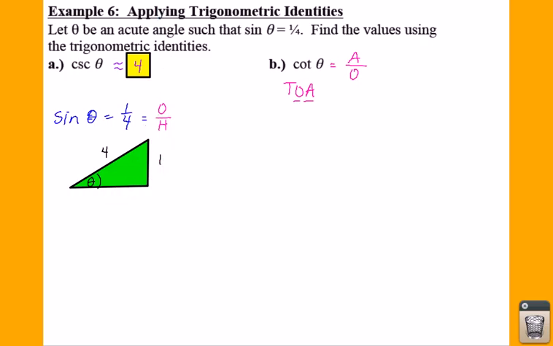We don't know what that is, so if we let this be our x, we're going to set x squared plus 1 squared equals 4 squared, right? 4 is our hypotenuse, it's always your longest side. So you plug these in here, you get x squared plus 1 equals 16. So you need to subtract 1 on both sides, get 15, square root both sides, you get radical 15.